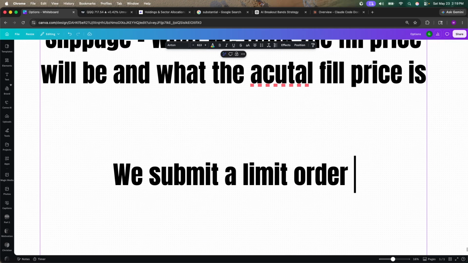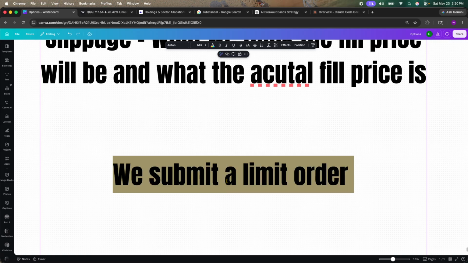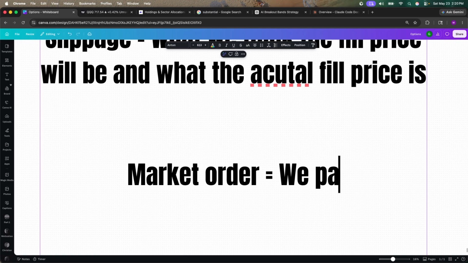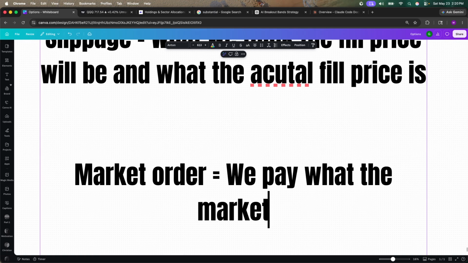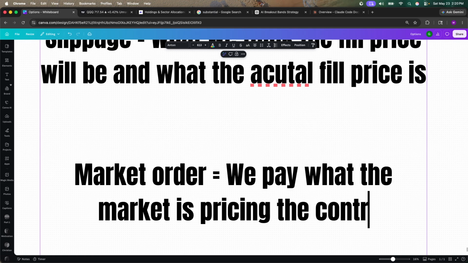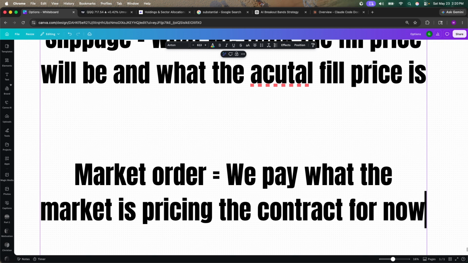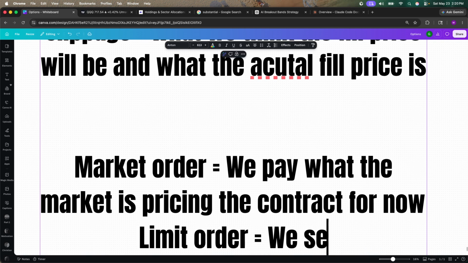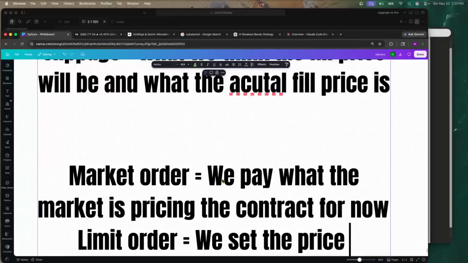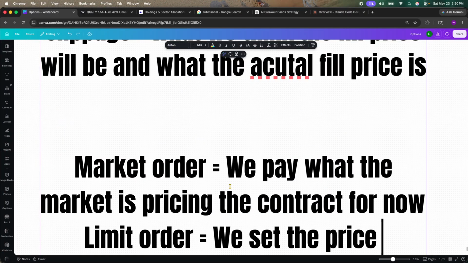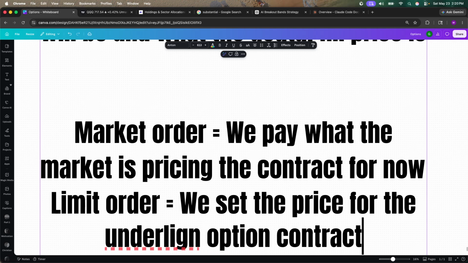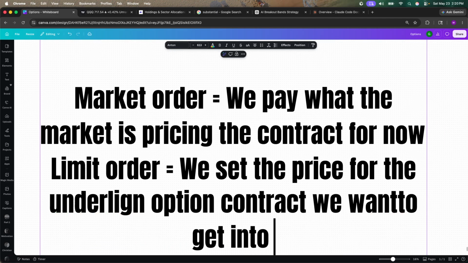With a market order, we pay what the market is pricing the contract at right now. With a limit order, we set the price for the underlying option contract we want to get into.